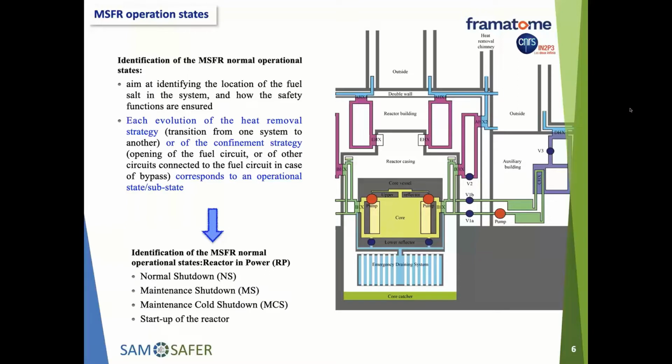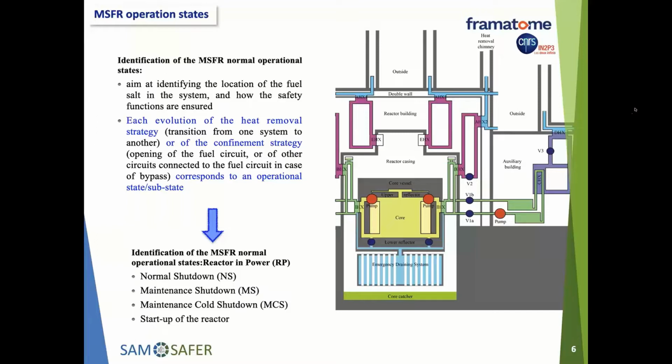What are they? They are drawings of how we extract heat during reactor operation, and also when we stop the reactor or when we lose the traditional heat extraction. So it's additional heat extraction devices that will be used to operate the reactor in any case, whatever happens in the reactor.